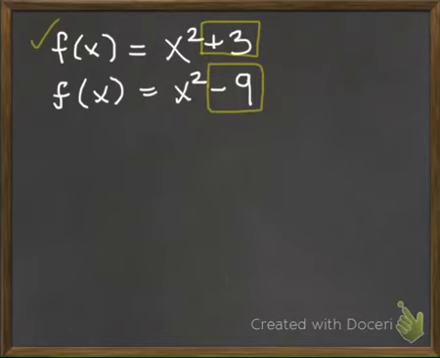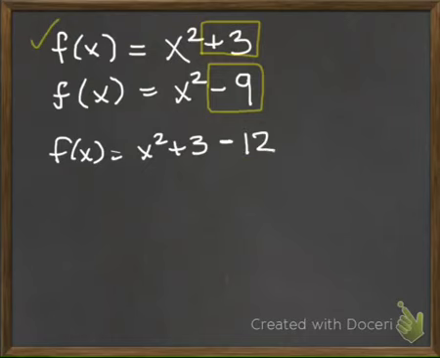Okay, so if we take our original, which was f of x is equal to x squared plus 3, what plus 3 will give us negative 9? Negative 12. So really, what this resulting function is we're taking our parent function and we're subtracting 12 from our parent function.